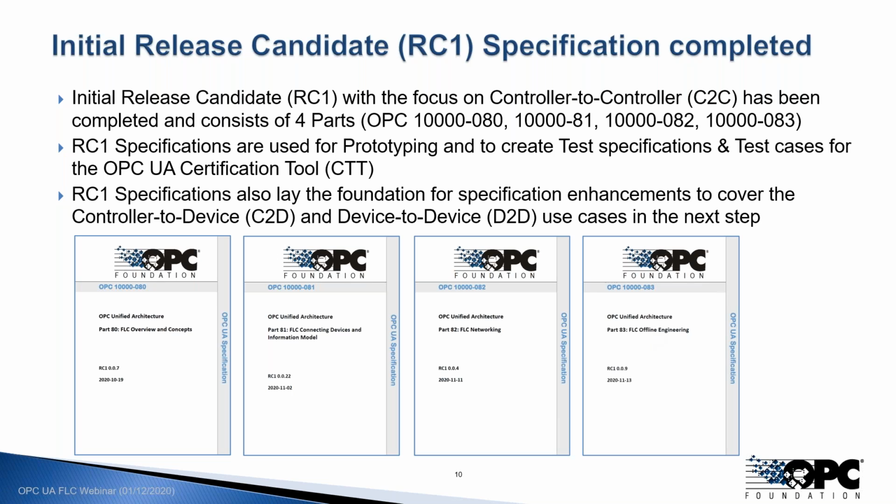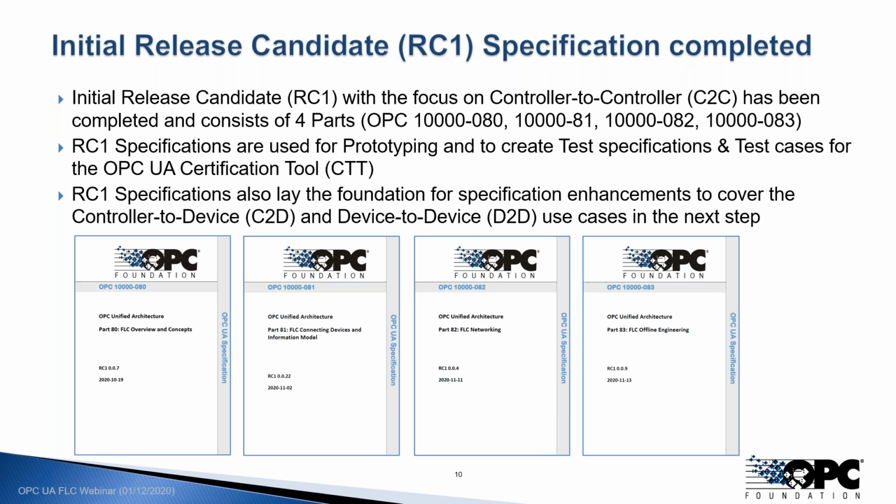Why is it so important to have this initial release candidate? Because it is giving us a solid foundation for prototyping needed for the verification of the specifications. At the same time, we are building the test specification out of this initial release candidate, which is finally leading to test cases for the certification tool of OPC Foundation, the CTT.